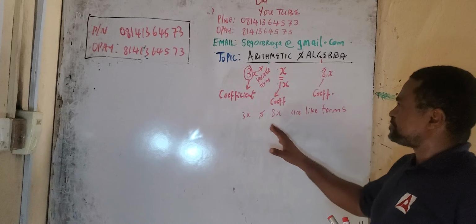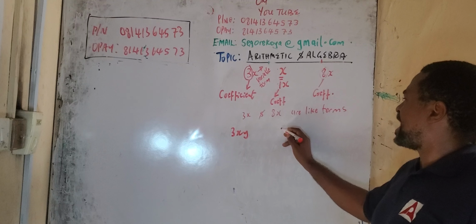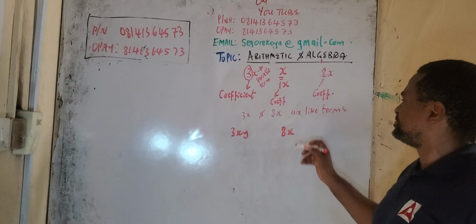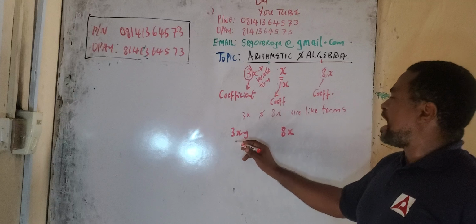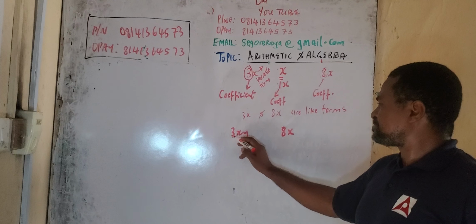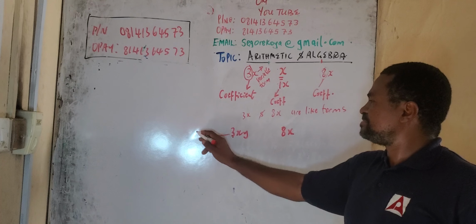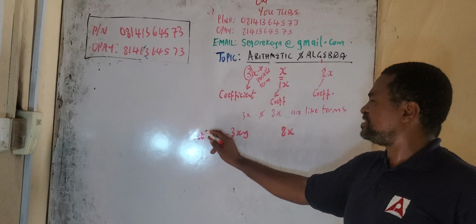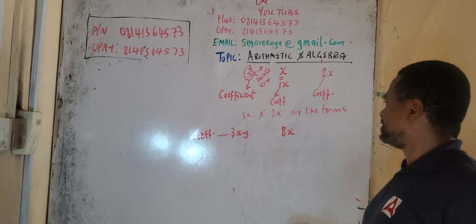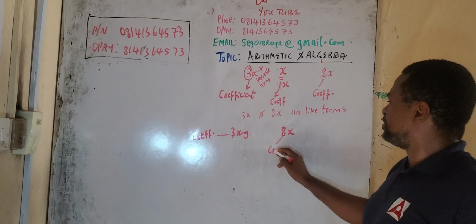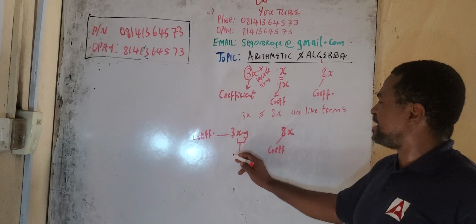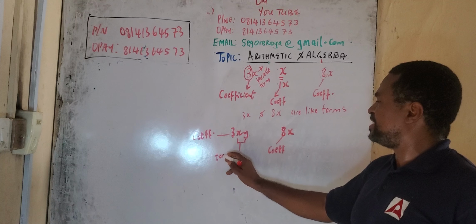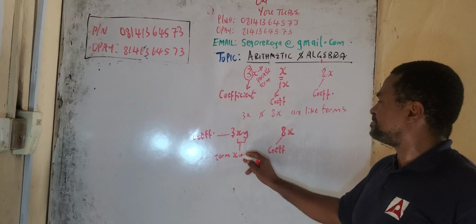Now, another example is this. Let me say I have 3xy, then I have 8x. In this case, our coefficient is 3. The coefficient here is also still 8. But the term I have here is xy.